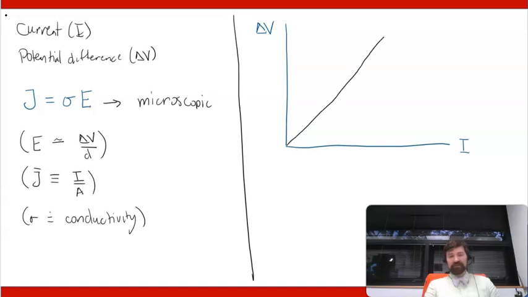So the more current that passes through, the more the voltage drop is, and this is a linear relationship. The slope is called resistance, which is usually represented by a capital R.